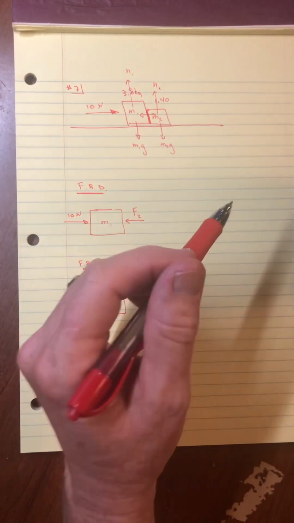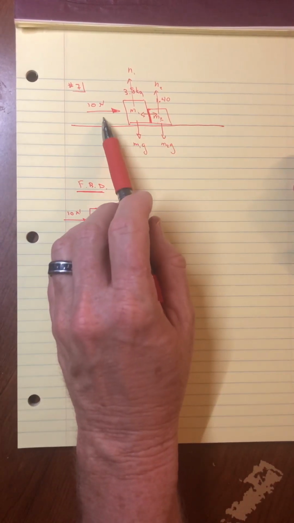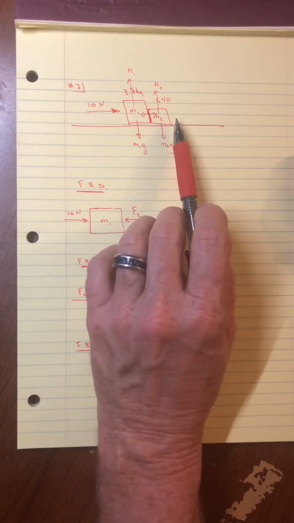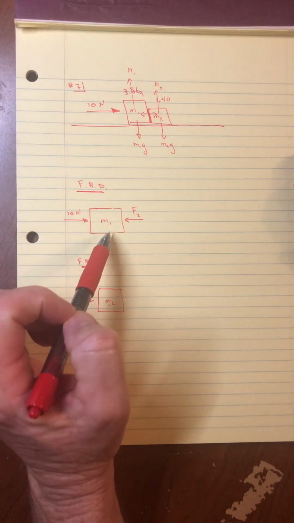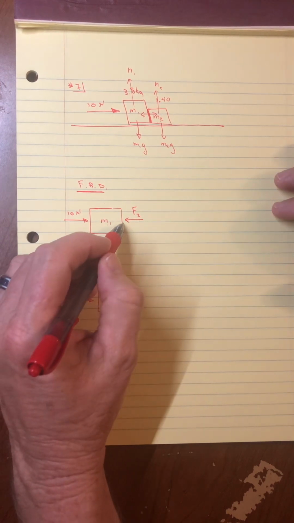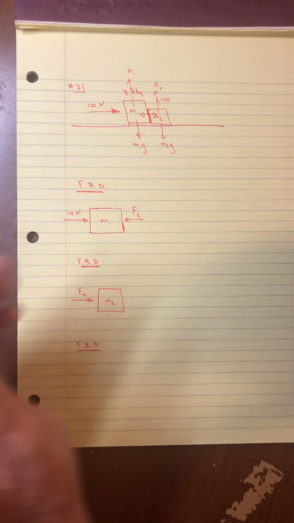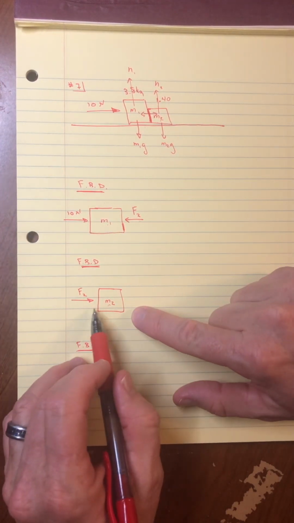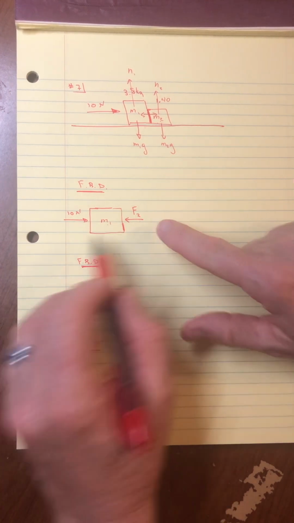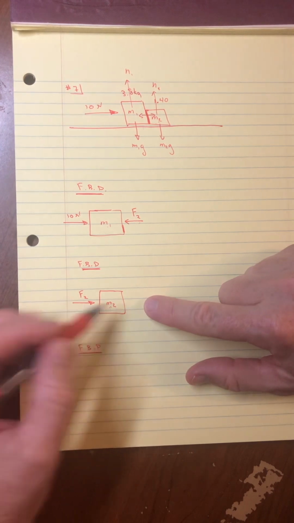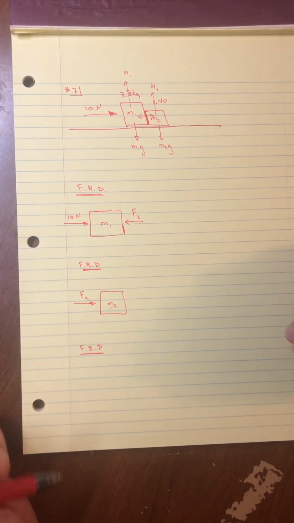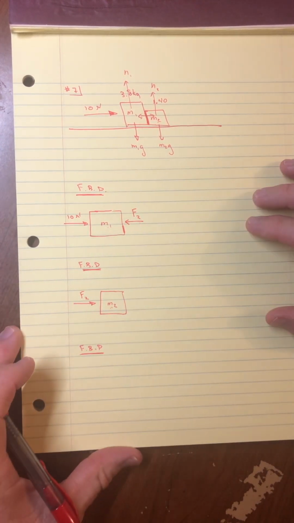Block number 2 does have a force on it, but this person pushing is not putting a force on number 2. This person pushing puts it on number 1, and then the contact surface between 1 and 2 is where number 2 gets a force. And of course, then 2 pushes back on number 1. And again, I'm going to say the same thing. Let me not do the vertical forces here. This is just a horizontal problem.